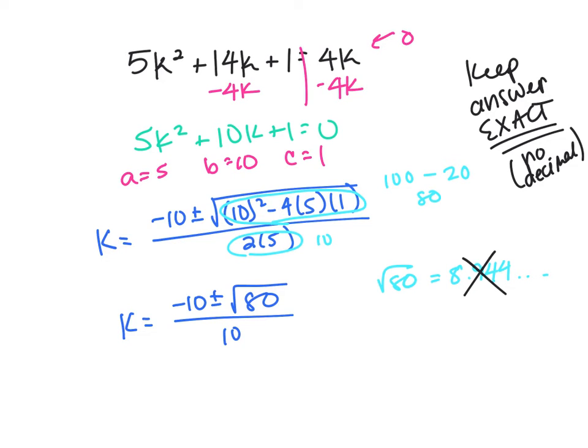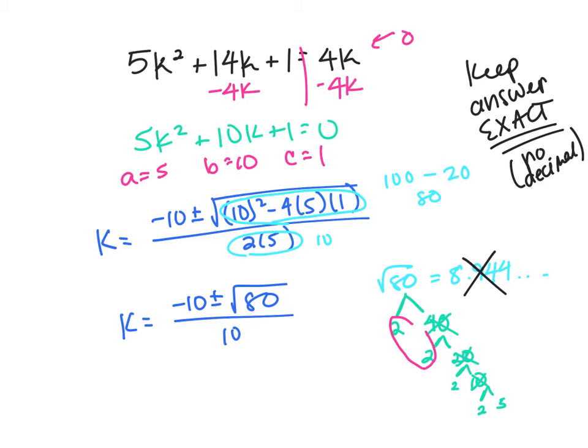So in this case, square root of 80, that's 2 times 40. Keep going. 2 times 20. 2 times 10. 2 times 5. And remember, once you break down a part, we can ignore those. So the goal is to look for pairs.